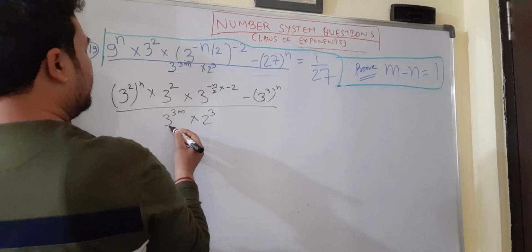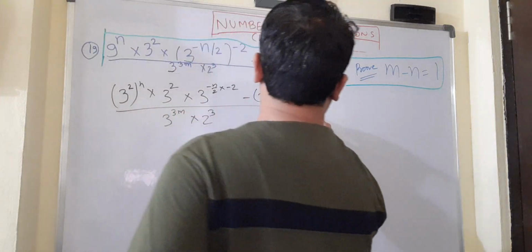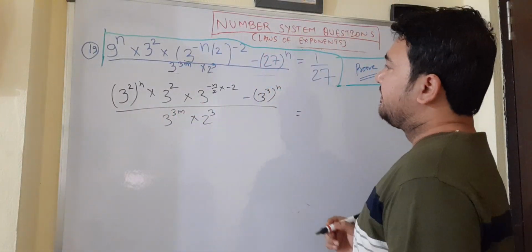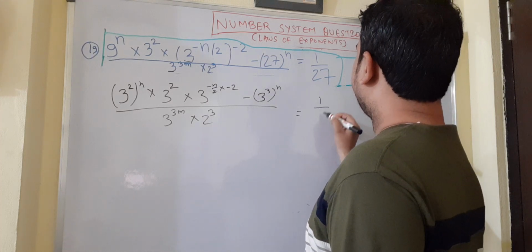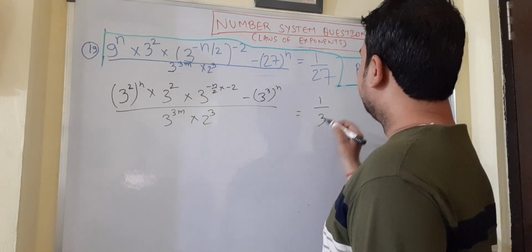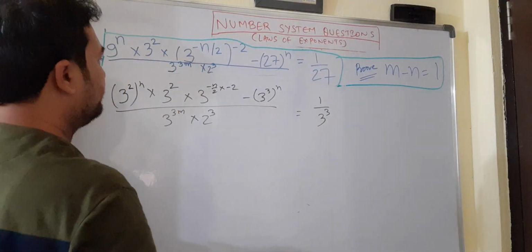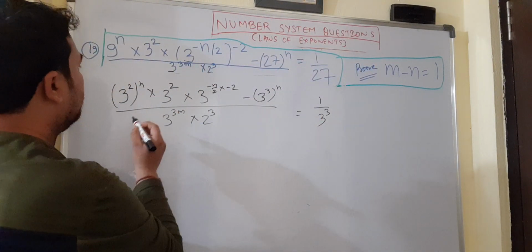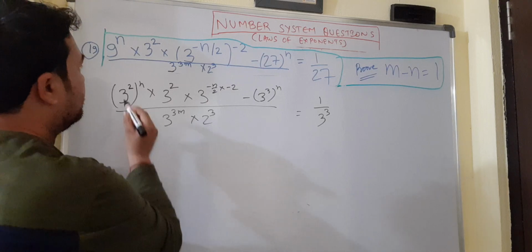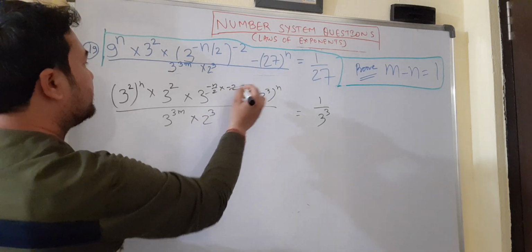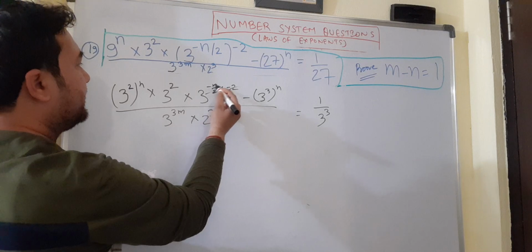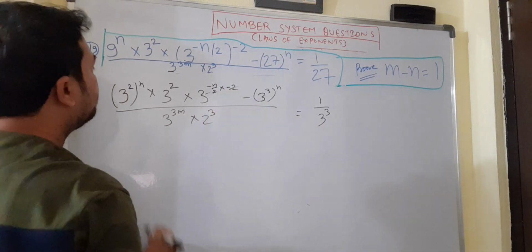These are already written in the form of 3 and 2. You can write it as 3 to the power 3. Okay, so here you find 2 cancels 2, it becomes minus n into minus 1, it is plus n.